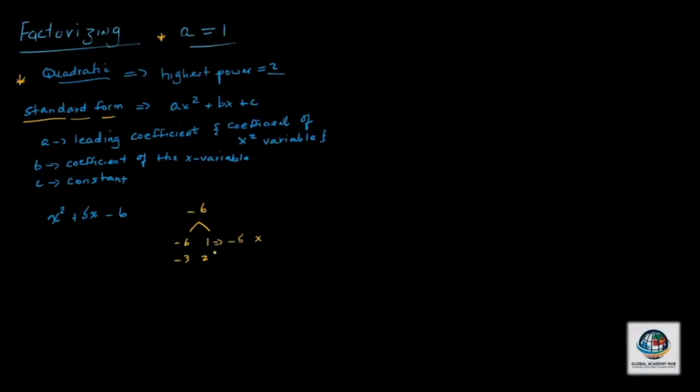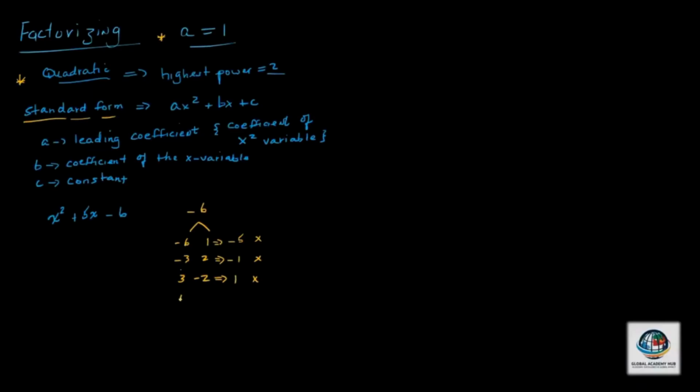They do give me negative 6, but when I add them, I get negative 1. That's not what I'm looking for. If I say 3 multiplied by negative 2, I still get negative 6. So they are factors, but when I add them, I get positive 1. Not what I'm looking for.